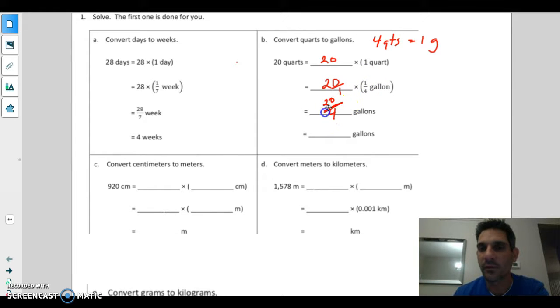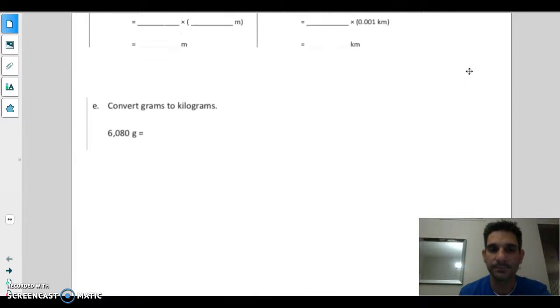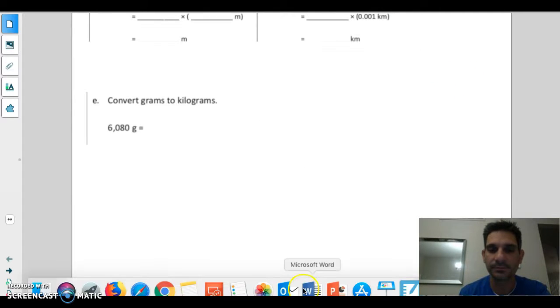And the fraction bar is the same as division, so it's 5 gallons. Basically it's 20 divided by 4 equals 5. I mean, basically that's your answer. All right. Let's look at this one.